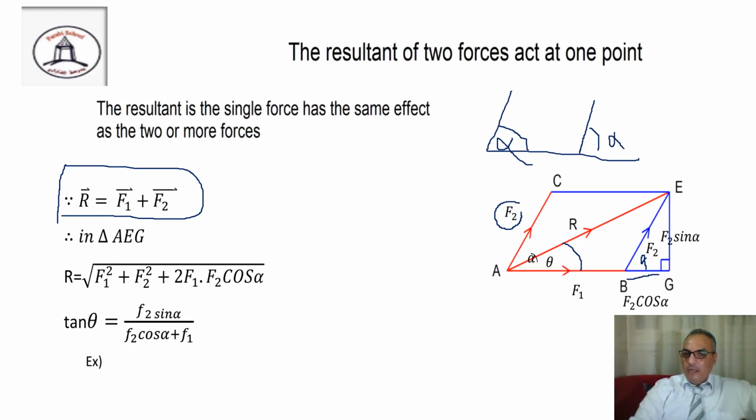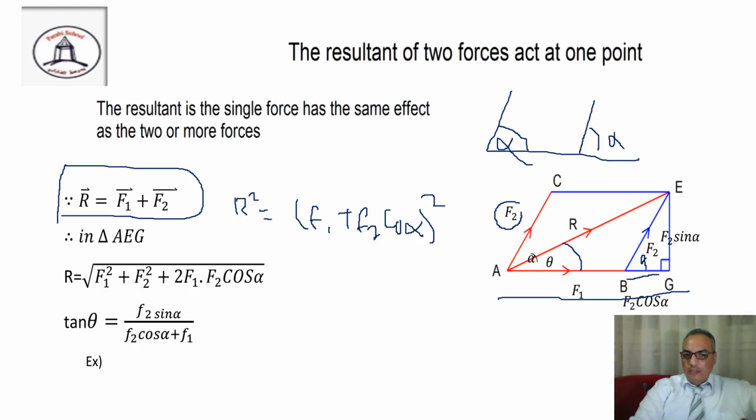Now in the big triangle AEG, from the Pythagorean theorem, you can write R square equals this side squared, this side has two parts, F1 plus F2 cosine alpha, all to the power 2, plus the opposite side, F2 sine alpha, squared.